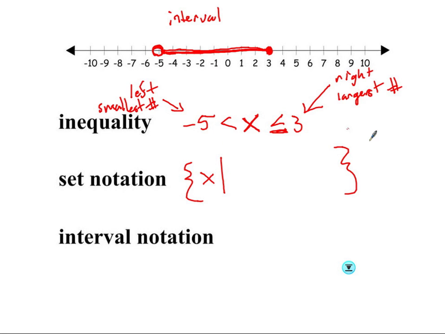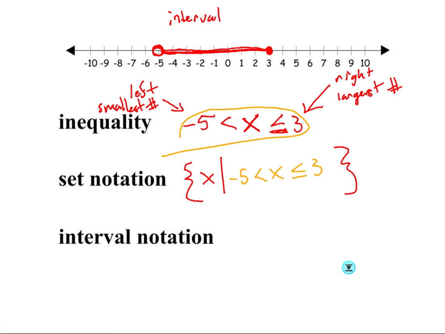So this is always going to be the setup. Now, in order to complete the set notation, all you have to do is take this and put it inside here. So we have negative 5 less than x less than or equal to 3. That's all there is to it.